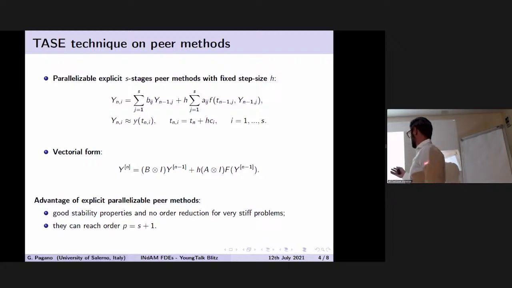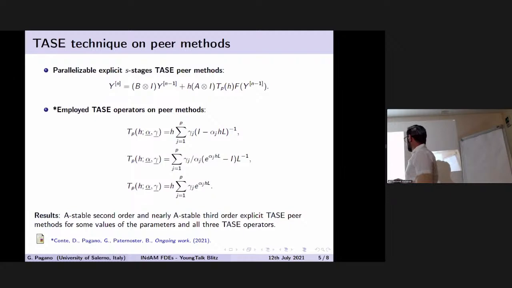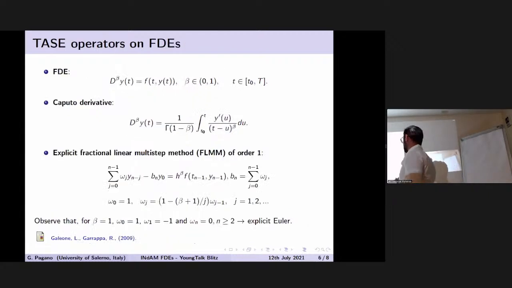They don't suffer from order reduction if applied to very stiff problems. Employing these three families of operators, we have found stable two-stage peer methods, explicit and parallel, and also nearly stable three-stage peer methods.